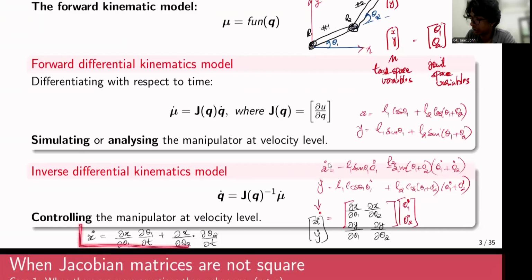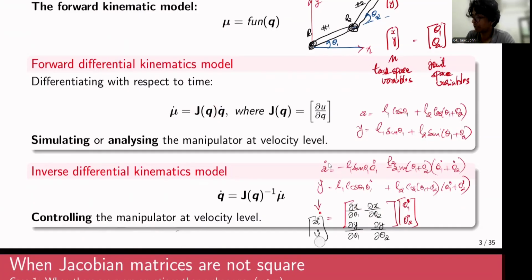This is essentially the chain rule. We take the partial derivatives of theta1 and theta2 with respect to time as a vector, theta1 dot and theta2 dot, and the remaining partial derivatives we group as a matrix. If you do that for all the task space and joint space variables, you will end up with a Jacobian matrix J.